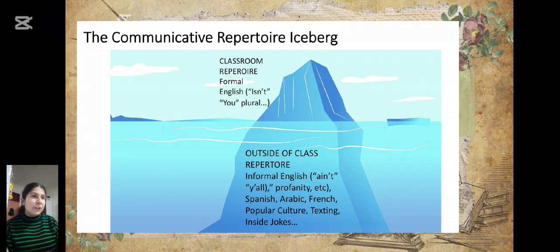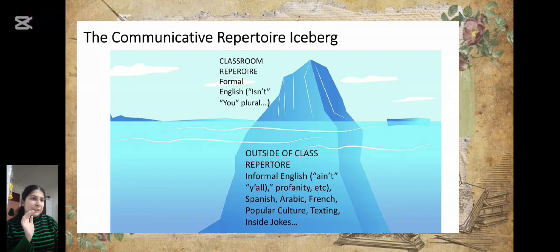And also we have the communicative repertoire iceberg. For example, in the classroom repertoire they use formal English, for example, isn't, you as a plural, but outside of the classroom they use informal English such as ain't, y'all, profanity, etc. Their Spanish, Arabic, French, popular culture, texting, inside jokes.